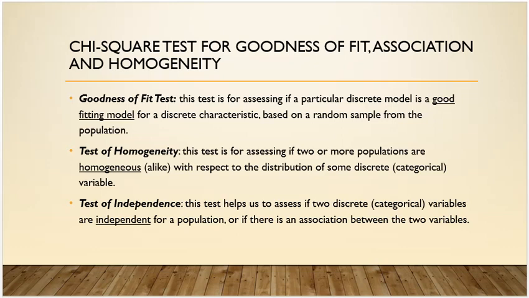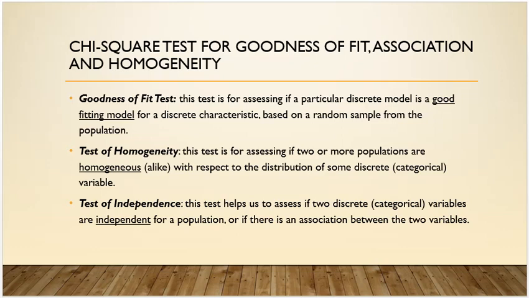Goodness of fit test is a chi-square test used to find out whether the fitted distribution is correct. We have a set of data, and we know how to fit a distribution like binomial, Poisson, normal, etc., which you have already studied in distribution theory and estimation.